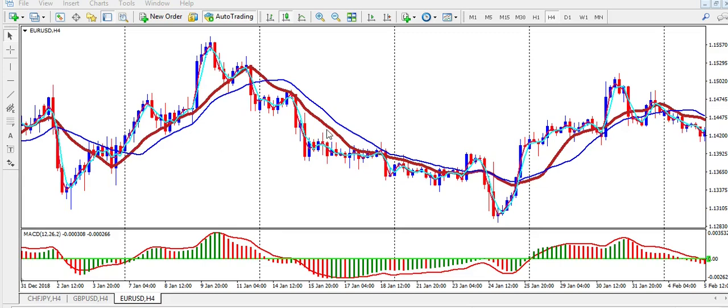Previously we had only the 30 moving average, but now we have added the 20 simple moving average. In the same vein, we have added the 3 moving average and the 2 moving average. And here we have our awesome oscillator and MACD at the default settings.